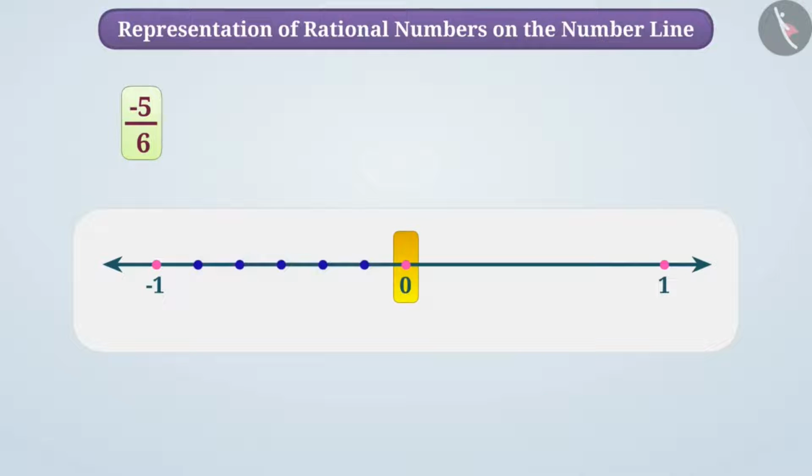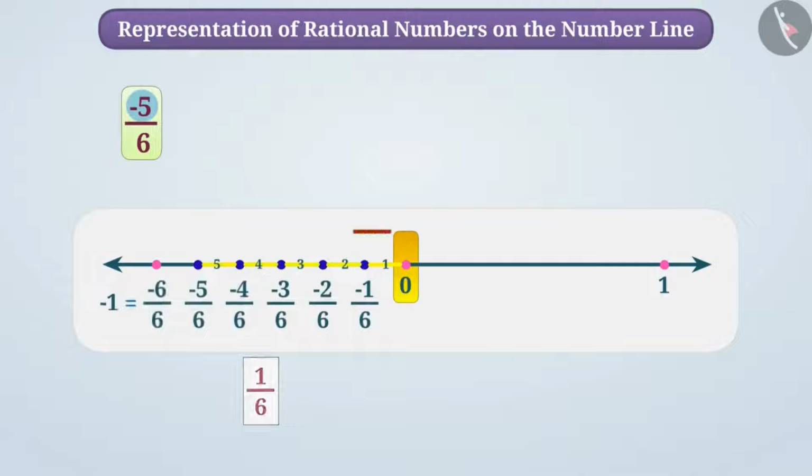In this way, the distance between any two consecutive parts of these 6 parts will be 1/6. The fraction of rational number -5/6 tells us that we have to take 5 parts of 1/6 distance to the left of 0. This will give us the exact location of -5/6.